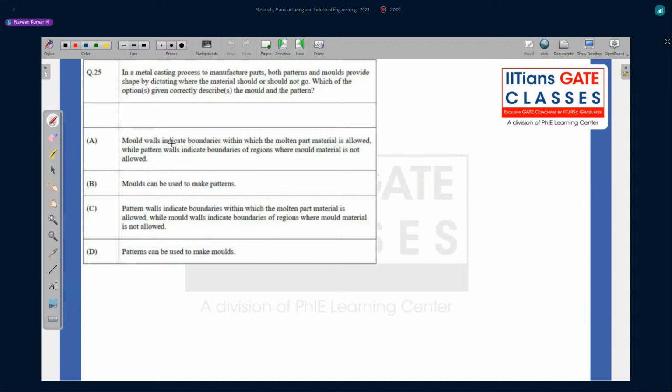Mold walls indicate boundaries within which the molten material is allowed. So just read carefully. Mold walls. So these are the mold walls. Mold walls are what? You ram it, you remove the pattern. After removing the pattern, these are the mold walls. They indicate the boundary within which molten material is allowed. Obviously, this is true, because mold walls are there.